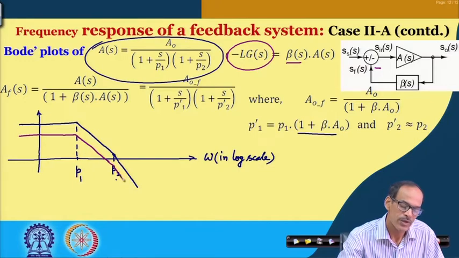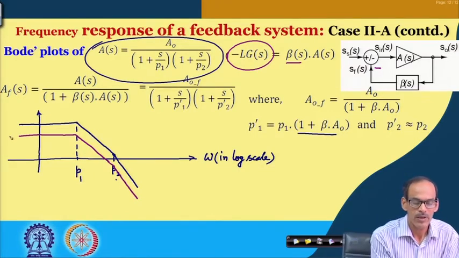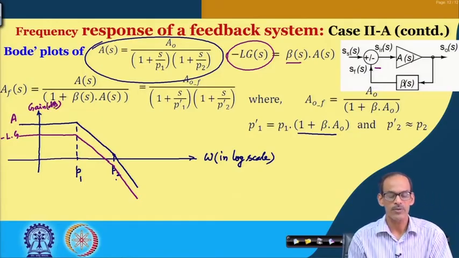And then it is going down like this. So, this is the minus of loop gain plot, and this is A, this is gain in dB, as we have discussed before.